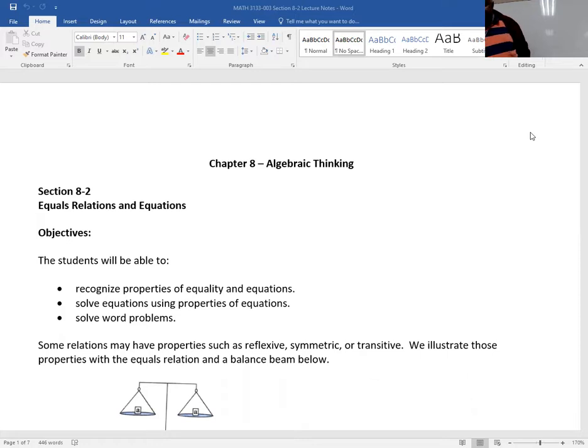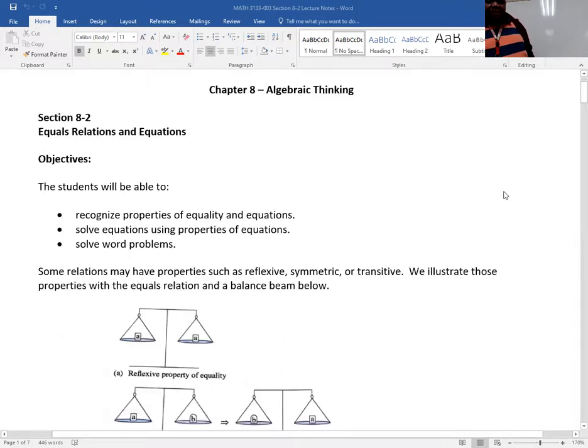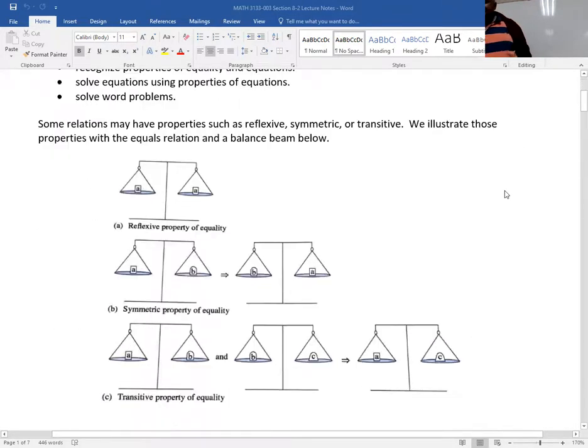All right, so first we'll look at relations that may have properties such as these three: reflexive, symmetric, or transitive. And here we can use a balance beam to illustrate those three properties, like the reflexive property of equality.